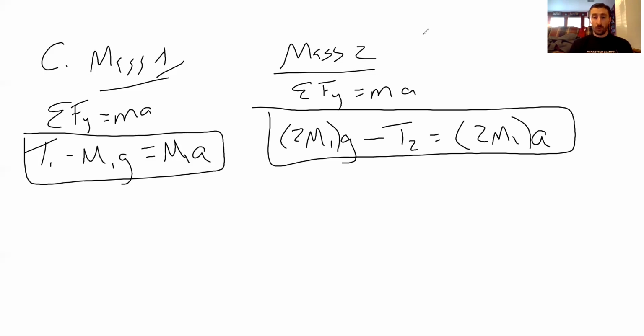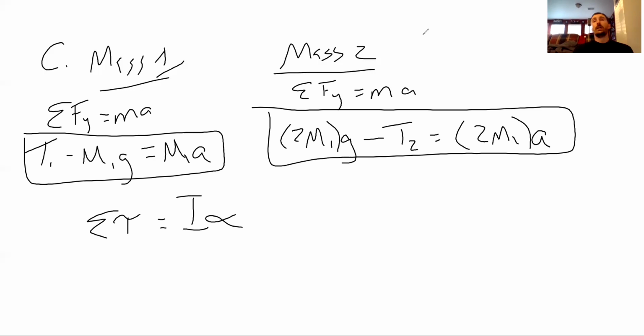Obviously, force has to do with torque. So now let's look at the torque acting on the pulley. Summation of the torque equals I alpha. Let's think about what we've got here. T2 is pulling down, so that's counterclockwise, so let's put that as positive.